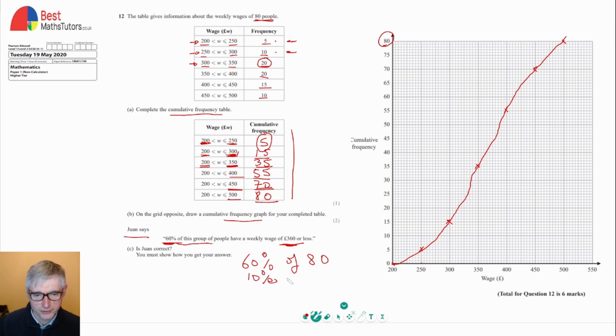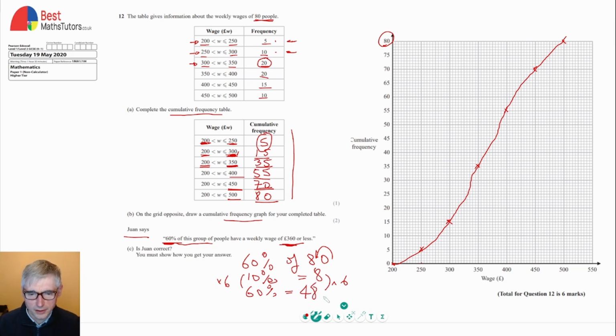So 10% would equal, moving the decimal point one place, dividing by 10, 8. And that would mean we could find 60% by multiplying the 8 by 6, because we'd multiply 10 by 6 to get to 60. So we multiply that by 6, and we find that that's 48.